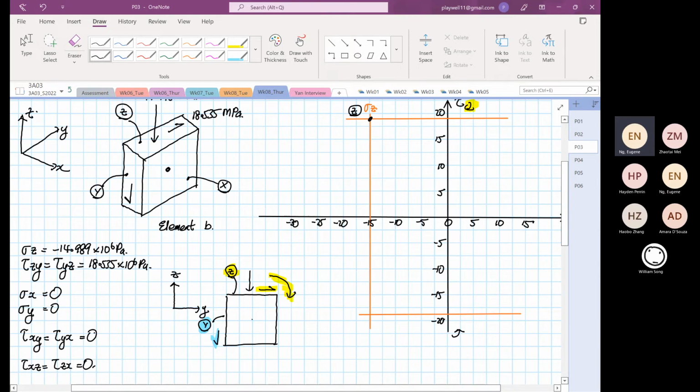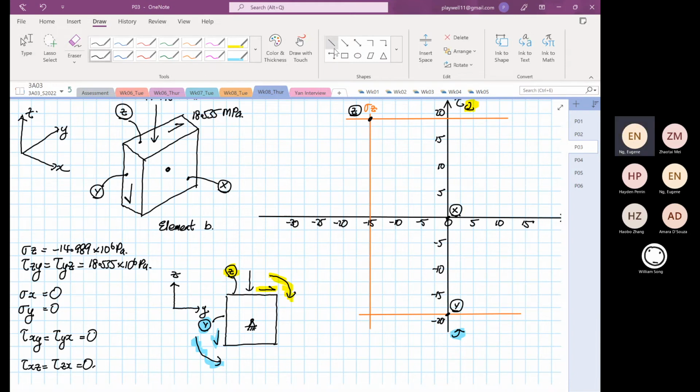So if we pin on the center, it will tend to rotate the element anti-clockwise, which is the same direction as this. This will be our point Y. And now our point X is over here, because point X has zero normal stress and zero shearing stress.